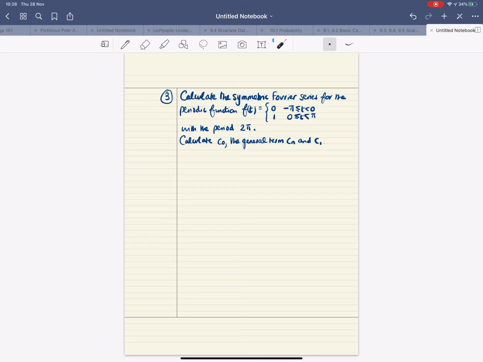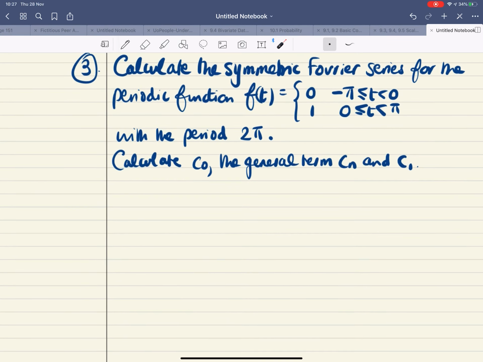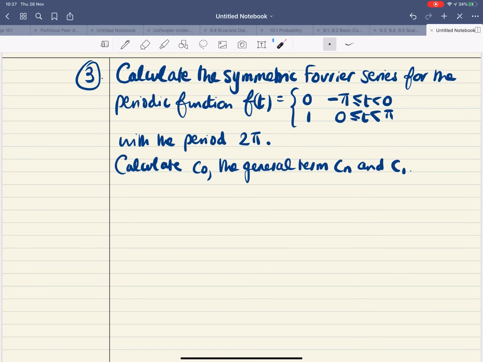That one's done. Number 3, where's my little crib sheet for that one? Calculate the symmetric Fourier series for the periodic function f(t), which is 0 for t between minus pi and 0, and 1 for t between 0 and pi, with period 2 pi. Calculate c0, the general term cn, and c1.